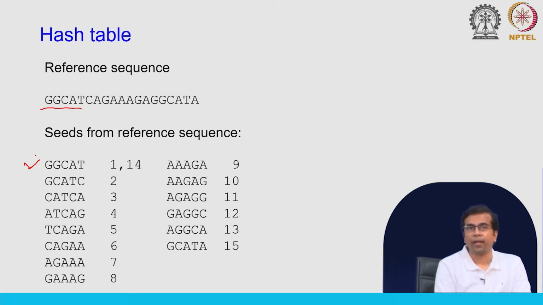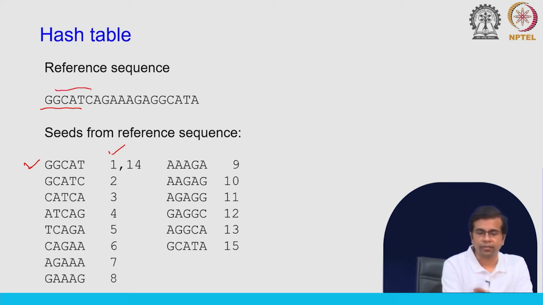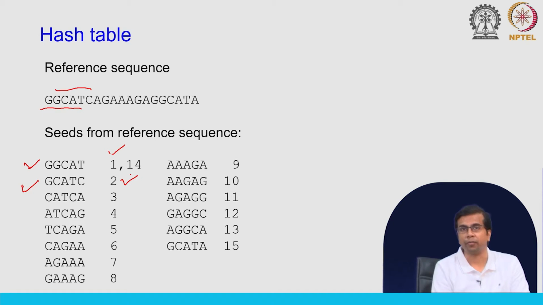And here we have the location. The location is 1, the first position where the seed is present, so we add this in the value. Then we move on to the next one, GCATC, and we add that substring to the hash table. We have the position location, which is 2.